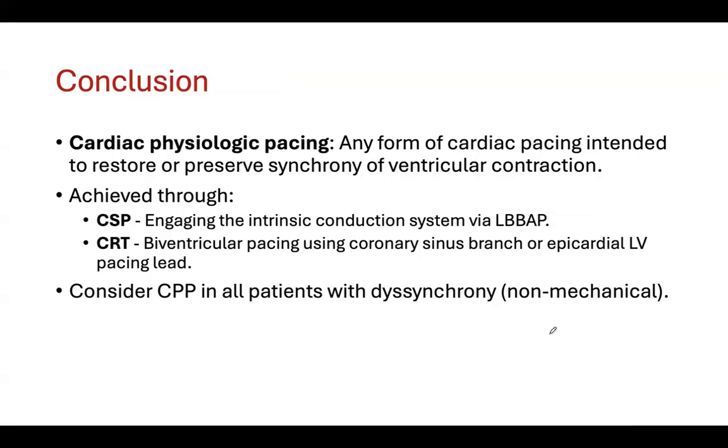It is achieved through conduction system pacing, usually by attempting to pace the left bundle branch area, or through biventricular pacing, either through a coronary branch or epicardial LV pacing lead with a right-sided lead. This is called a CRT system. We have to consider doing this in all of our patients with dysynchrony, especially if there are symptoms or decreased function, and the dysynchrony is non-mechanical, we think.